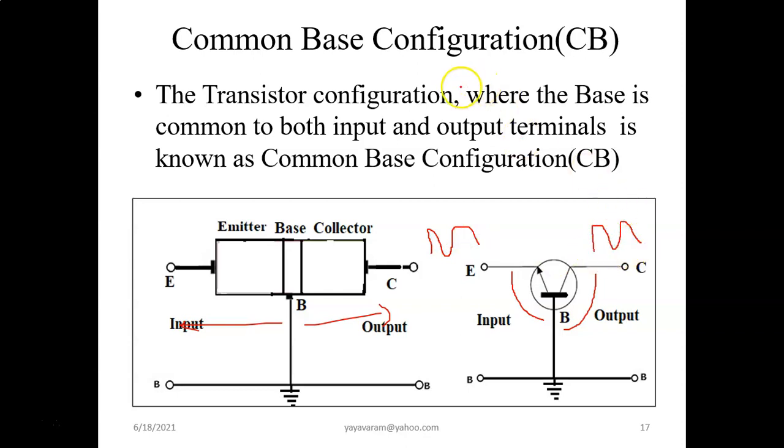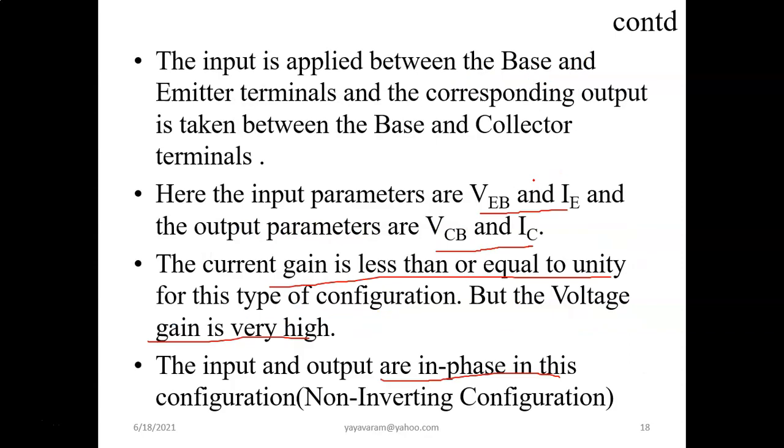Whereas in common emitter, if I give an input like this, the output is inverted, a phase difference of 180 degrees. Common base has no such feature, so we call it a non-inverting configuration.